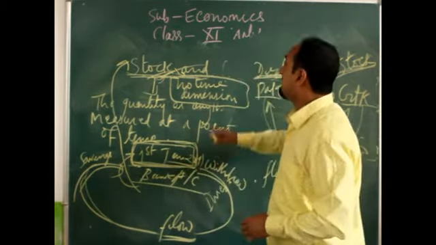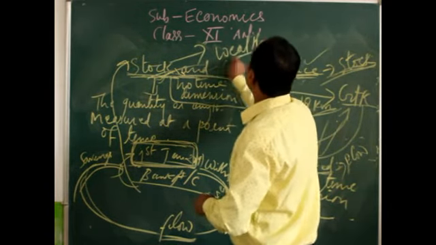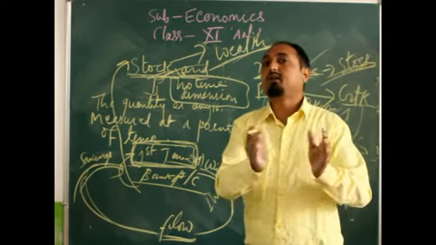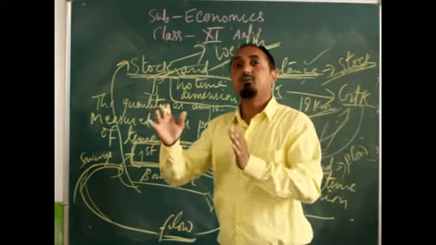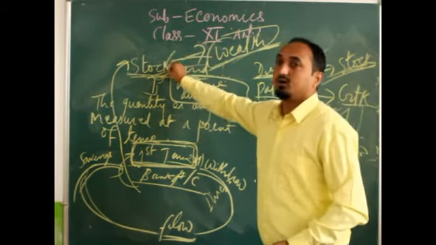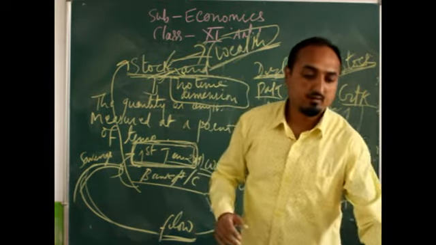We can take one more example here: wealth. Whatever wealth you have, you will measure either at the beginning of the year or at the end of the year. So wealth can be considered a stock concept. So this is the end of the chapter. Next day we will start the next chapter.